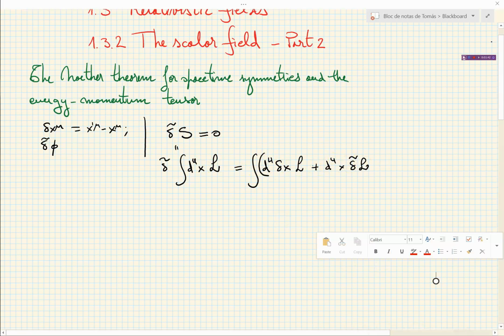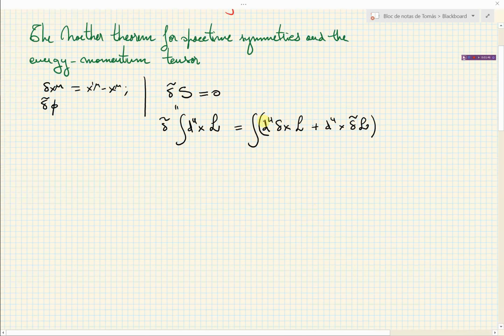Now observe that this transformation of the volume element for Poincaré transformations is 0. We know that this is already used here. The fact that delta tilde of L for Poincaré transformations is also used here. So nothing is new, but we have to rewrite this variation in a different way.